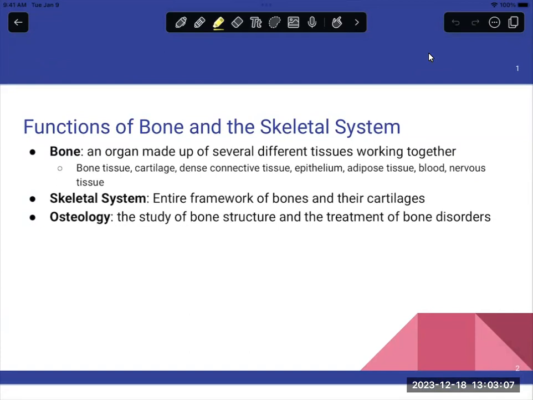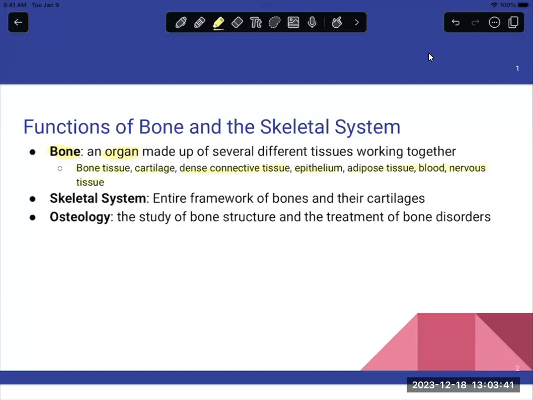So, in general, our bones are an organ. They are one of the many systems in our body. So our bones have bone tissue, cartilage, connective tissue, epithelium, adipose tissue, blood, and nervous tissue, all found within our bones.